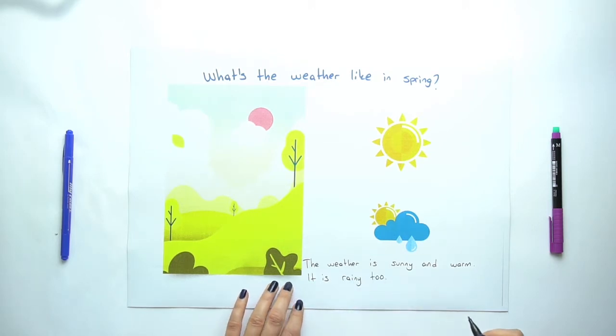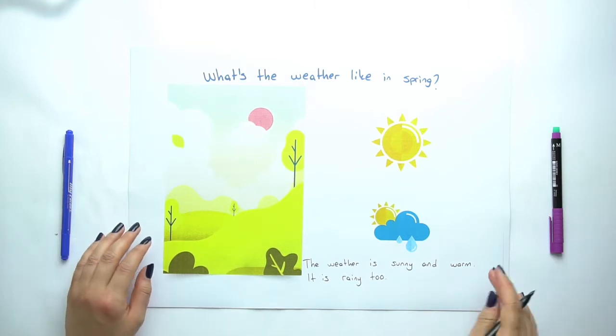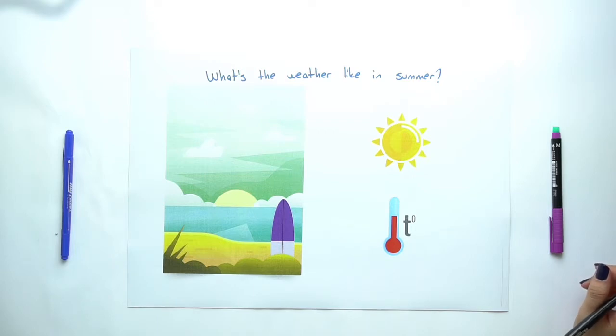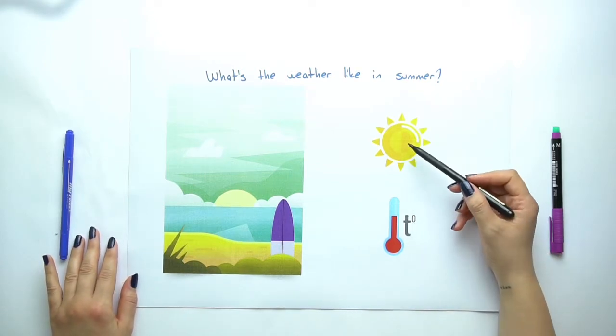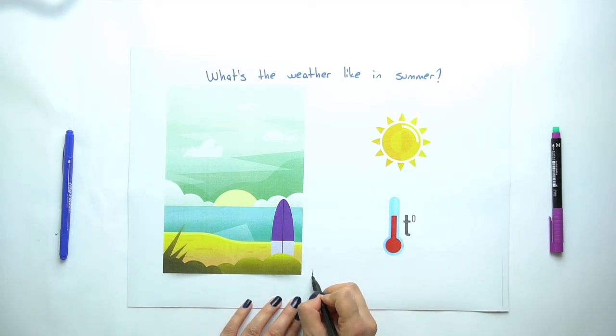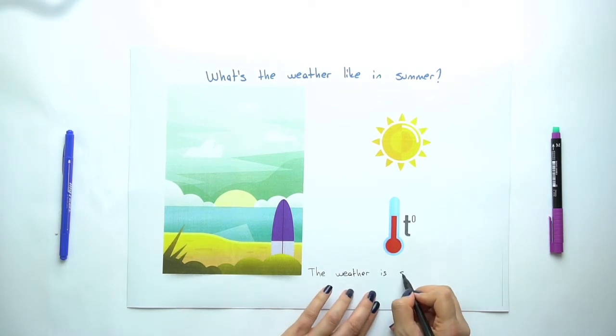You know that in spring it rains as well. What about summer? What is the weather like in summer? You can see the pictures here. So in summer the weather is sunny and hot.